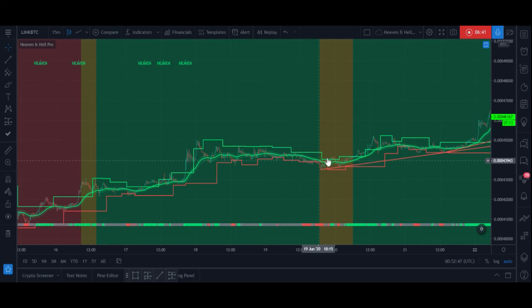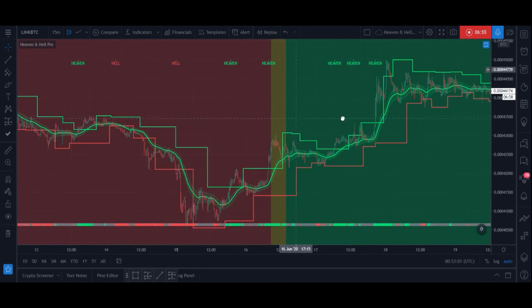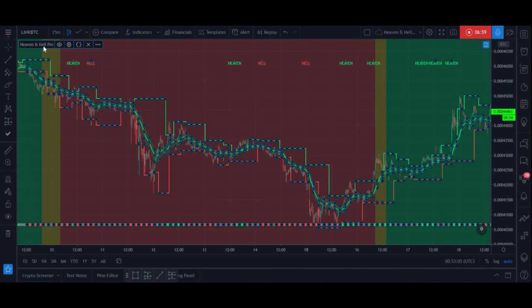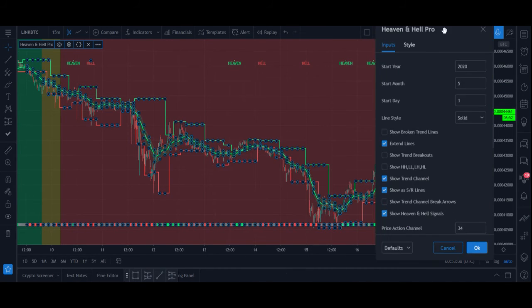But then you can see here there is uncertainty, and then it continues up. So by no means is this gospel to whether it's going to reverse or anything like that at all. So there is an element of risk trading during these time periods. However, we will go back into the settings and see what else is on offer.